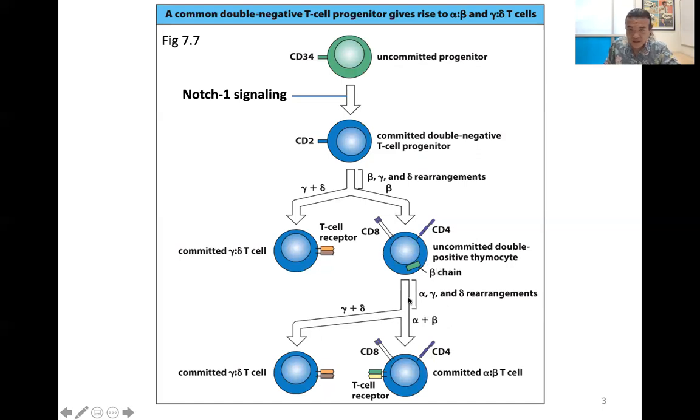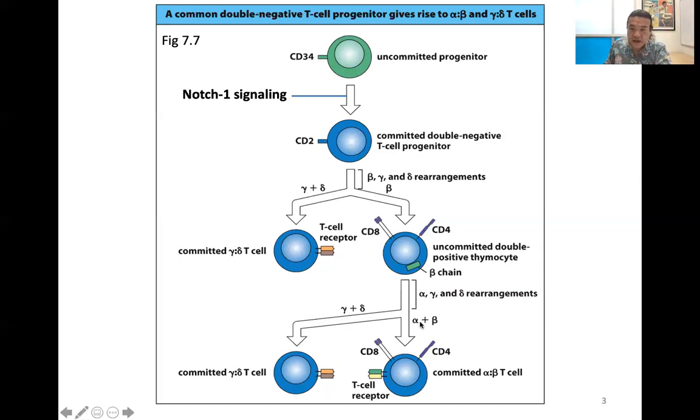Importantly, the RAG oven mitt starts up again and starts making the alpha chain to go along with the beta. But at the same time, it has access to the gamma and delta loci, so it could very well just this time make those chains. And if it does make a gamma and delta chain this time, this is the second opportunity to make a gamma delta T cell. And again, that gamma delta T cell will then just go off.